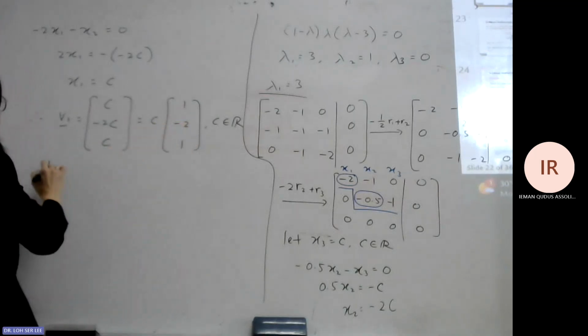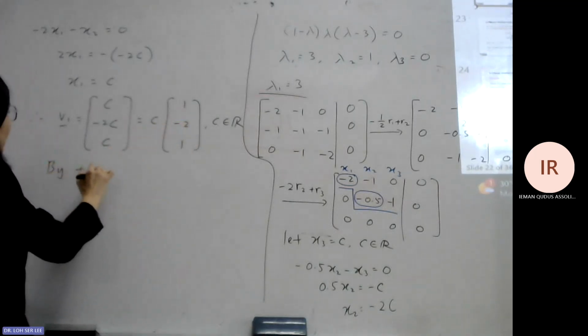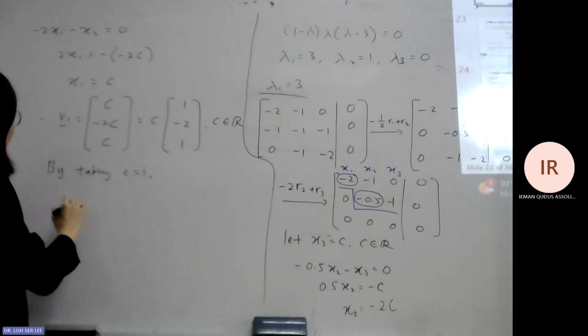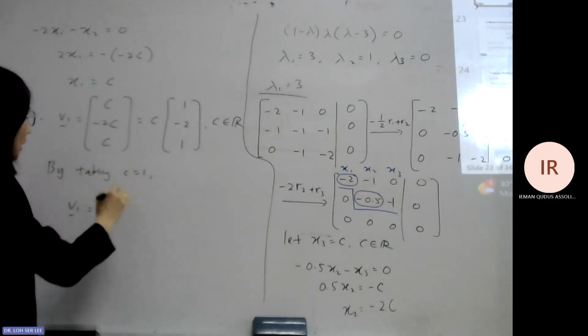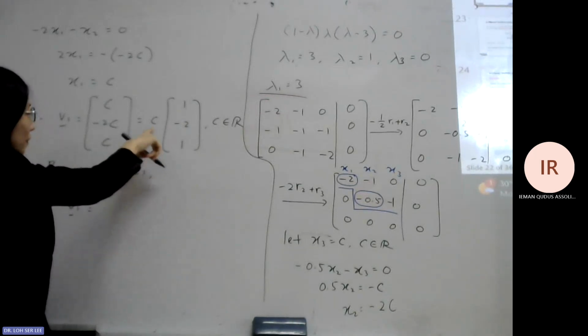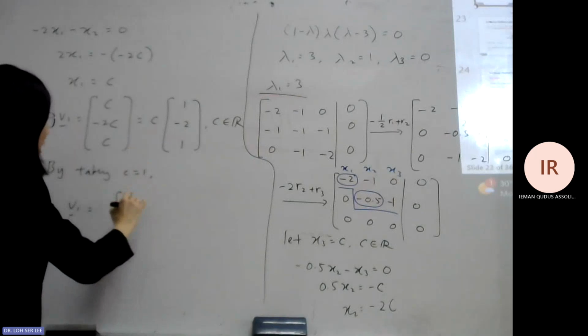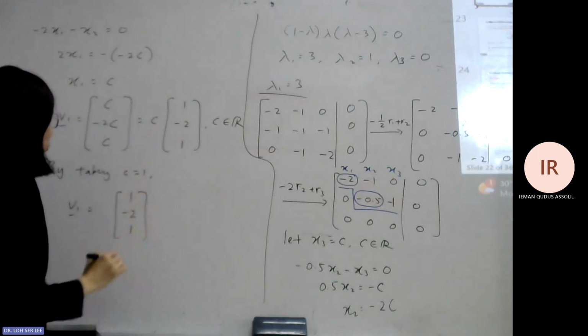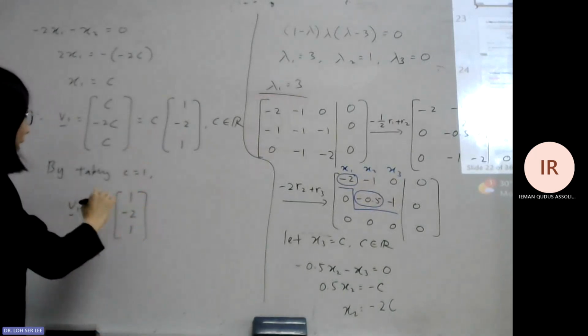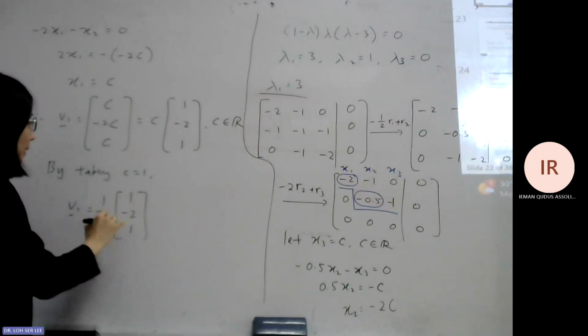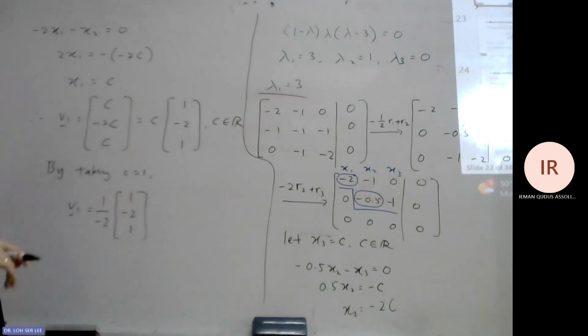Okay. So by taking c equals 1, your v1 will be 1, negative 2, 1, and we want to divide all entries by negative 2, because negative 2 has the largest magnitude.